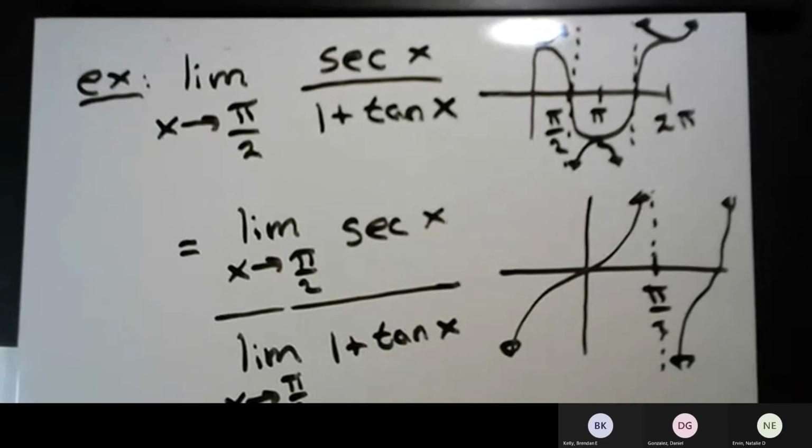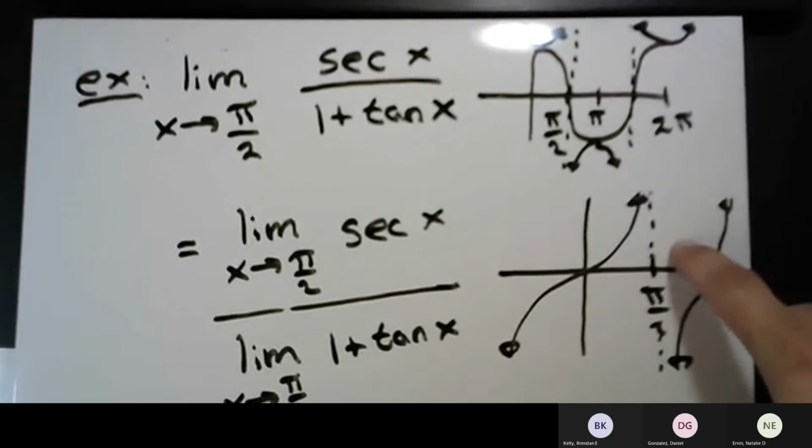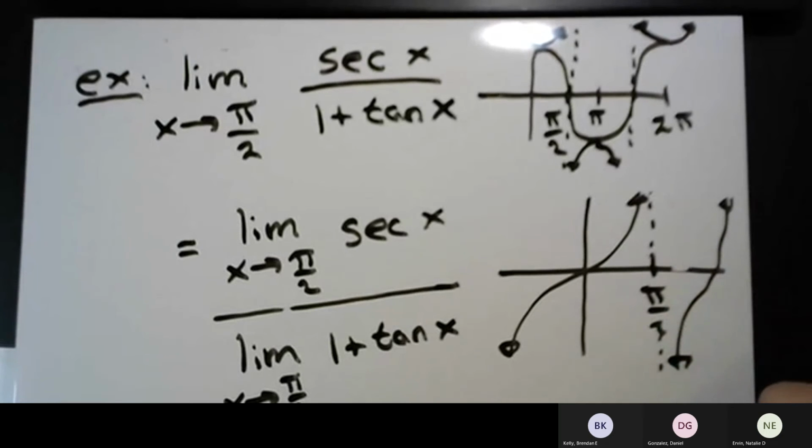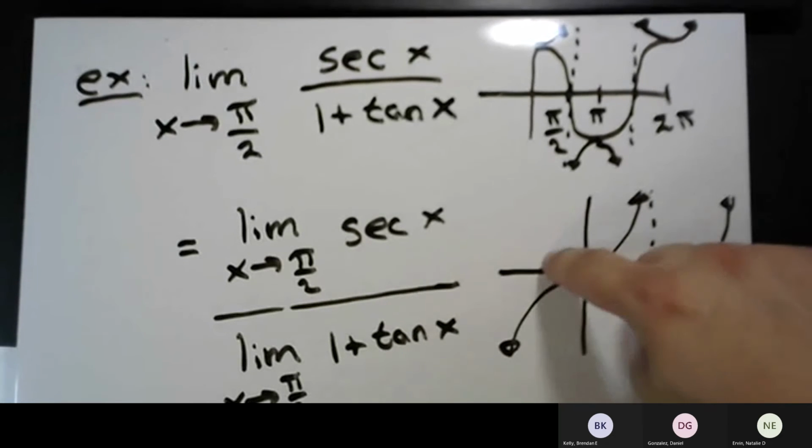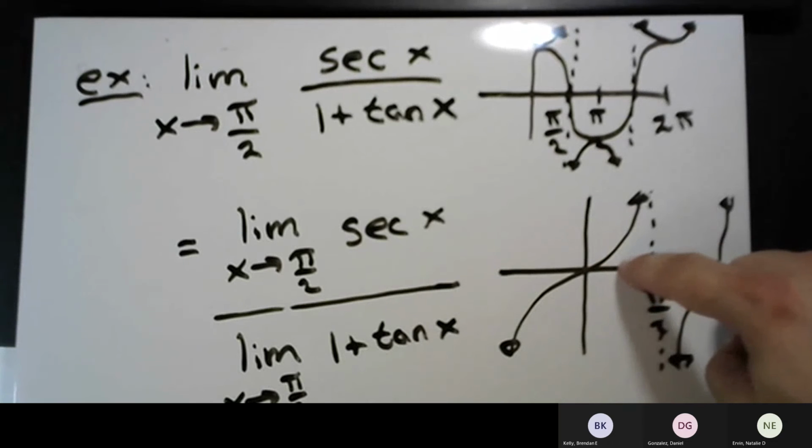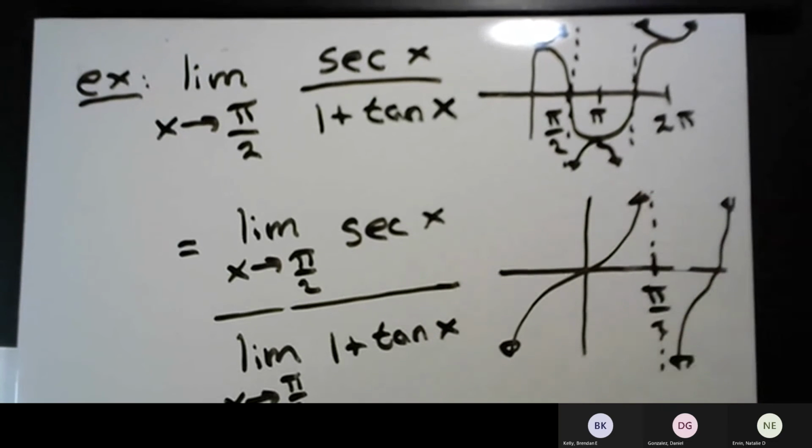So this is going to place a little bit of limitation on our limits. If we approach from the positive side here, we're actually going to get a tangent with a negative infinity. If we approach from the negative side of pi over 2, we're going to get a positive infinity.